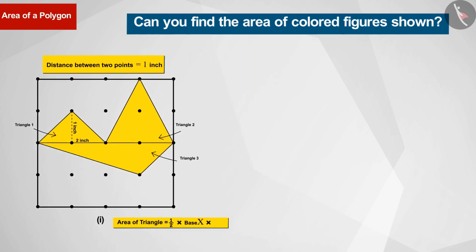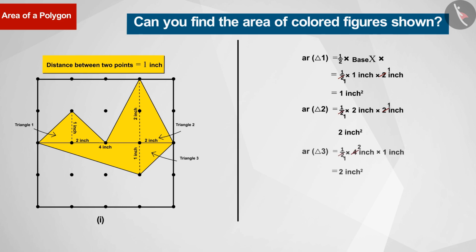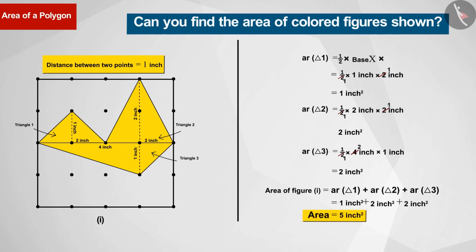So with the help of which we find the area of triangle 1, which is 1 square inch. Similarly, we find the height and base of triangles 2 and 3, and then their area can be determined. As a result, after the sum of areas, we get the area of the first figure, which is 5 square inches.